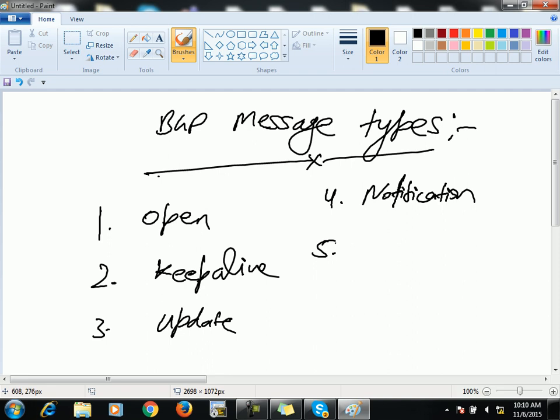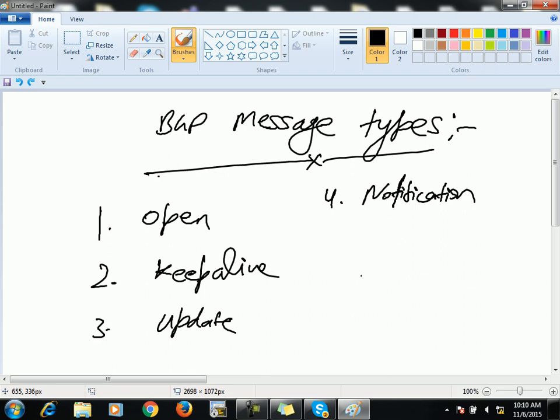And finally, another message is also there. However, in books you will always find open, keepalive, update, and notification. But one other type of message is also there, that is called the route refresh message.